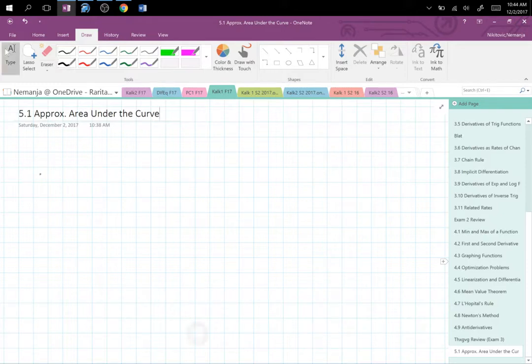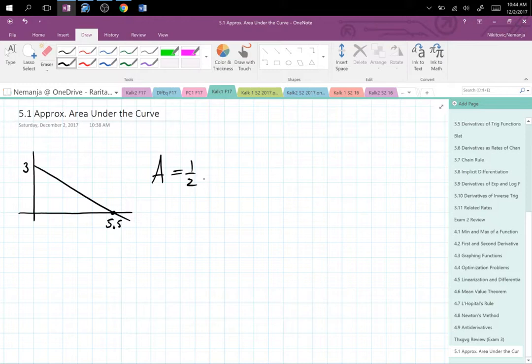Now, you are all familiar with the fact that on the xy plane, if you just have a triangle that goes 3 up, and this is 5.5 for whatever reason, and you want to find the area of this triangle, you can simply say that area is 1/2 base times the height.